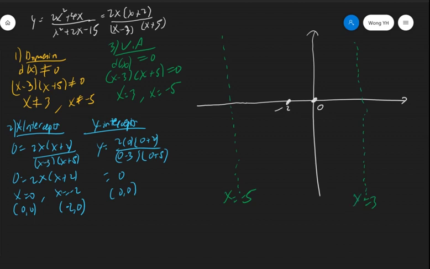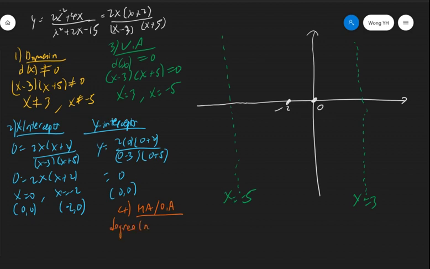All right, and next, item number 4, we will go and find out whether we have an HA or whether we have an OA. So we need to compare the degrees. Sometimes we use this one, sometimes we use this one, but in order for you to find the horizontal or oblique asymptotes, we are referring to this one.